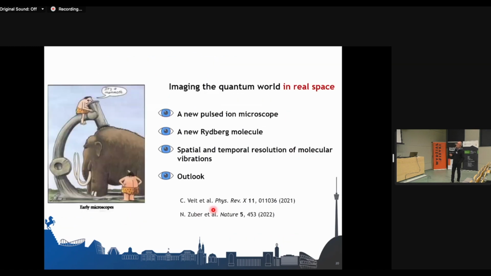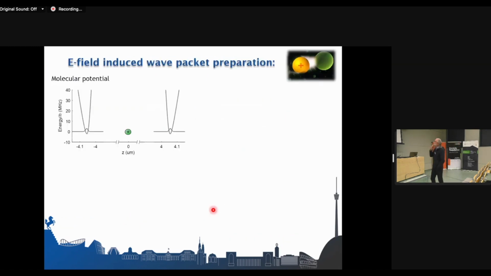Okay, and finally, let's look at some dynamics and also think about what this molecule actually does if you apply an electric field. Here's the molecular potential energy surface with a part on the left side of the ion and a part on the right side of the ion.